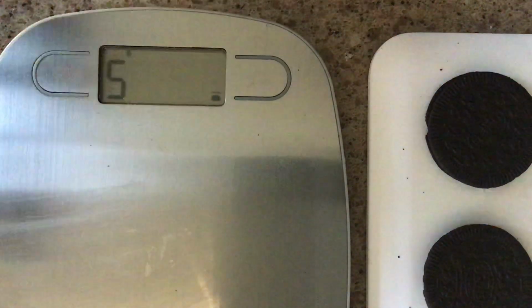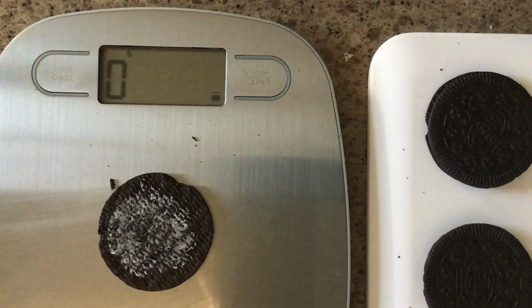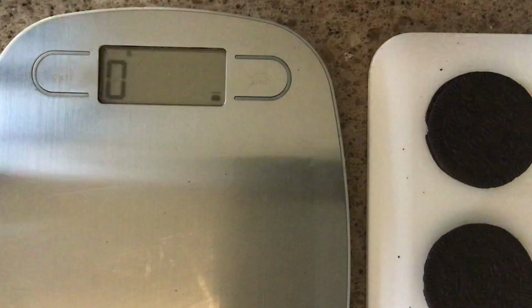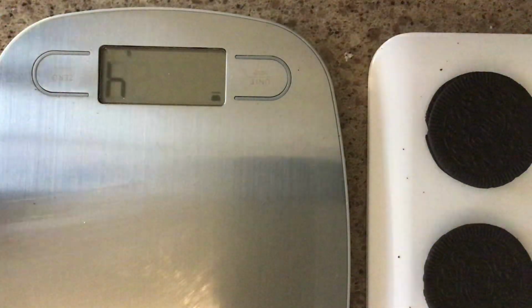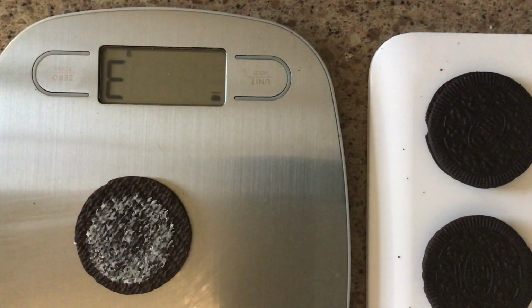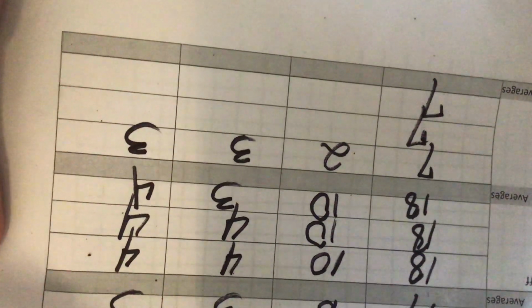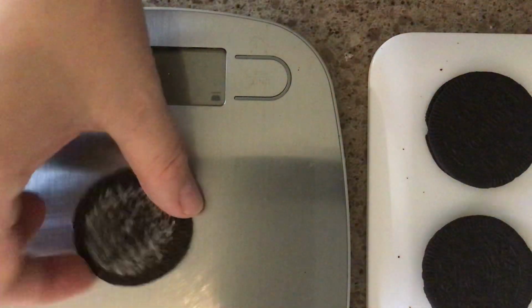A lot of filling on that. Okay, here we go. So cookie time. As I broke it, but we do have a reading of 3. So for the first cookie, for the first wafer, it's 3. And for the second wafer, it's 3. So here's what we have for our first thin Oreo: 7, 2, 3, and 3. So let's see how the next 2 compare.